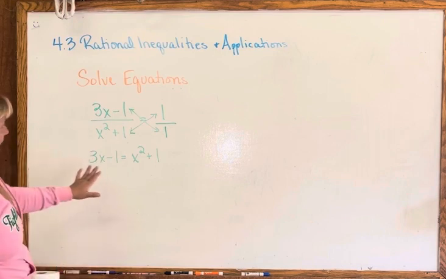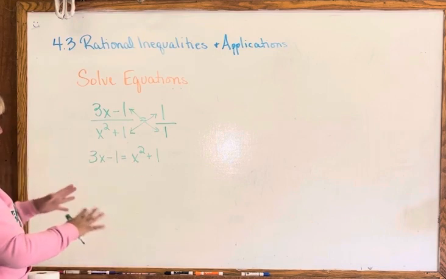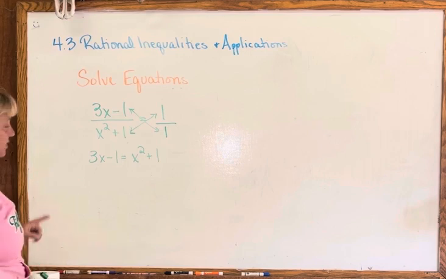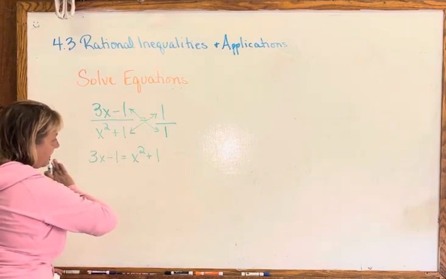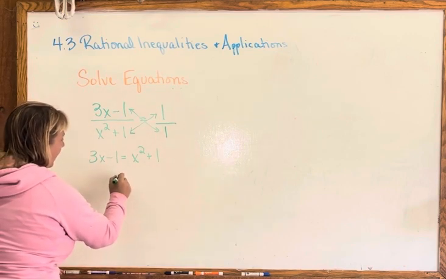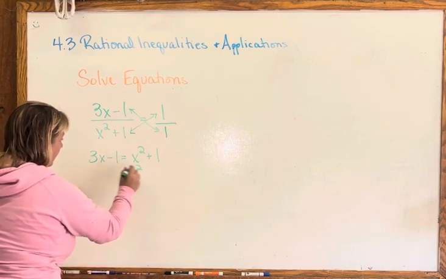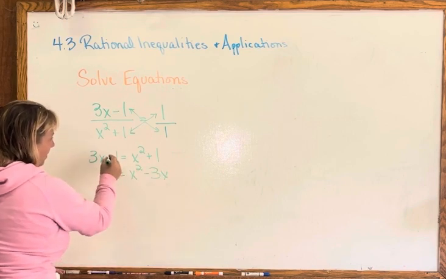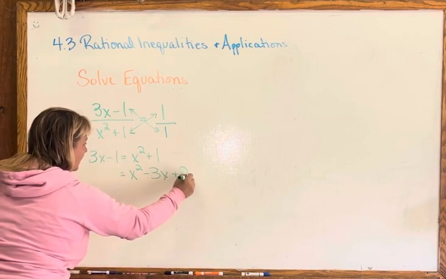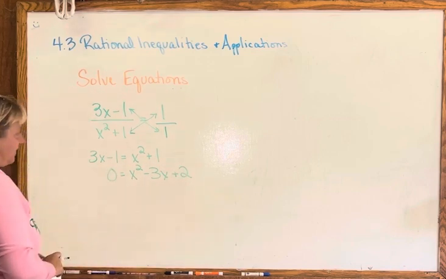So we have a quadratic, so we need to move things around to get it set equal to 0. So remember, solving a quadratic, that's the way you do it, set it equal to 0. I think I'm going to move everything that way. So we're going to end up with a positive x squared. This is going to come over and be minus. This is going to come over and be plus, and we'll have a 0 left on this side.